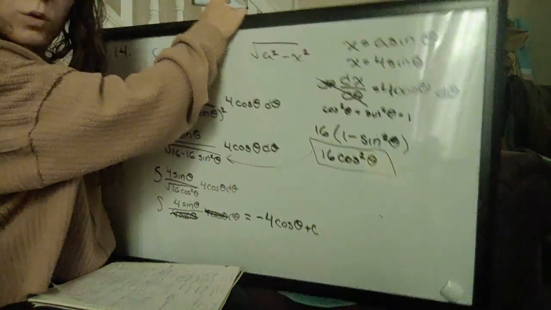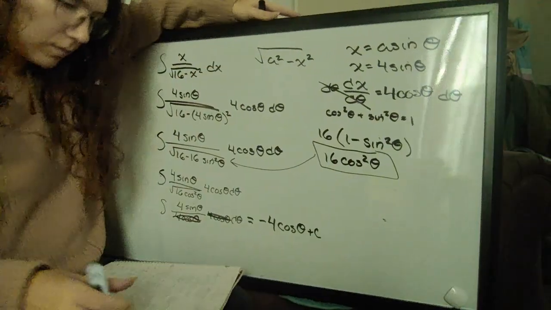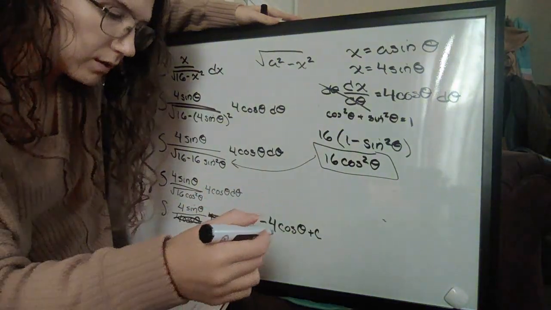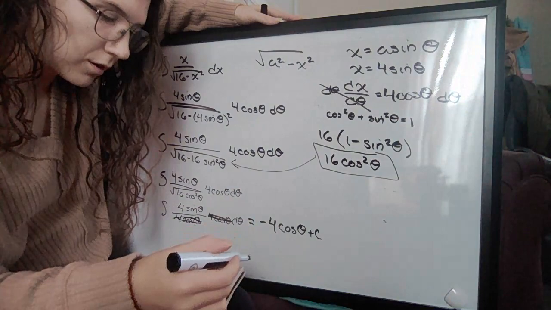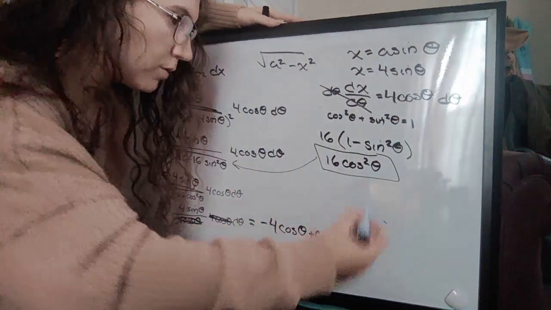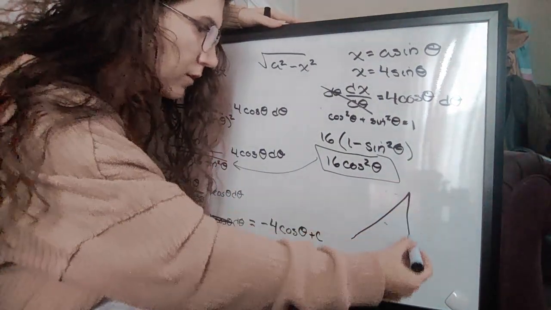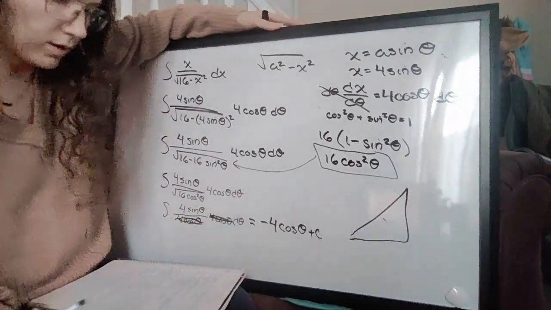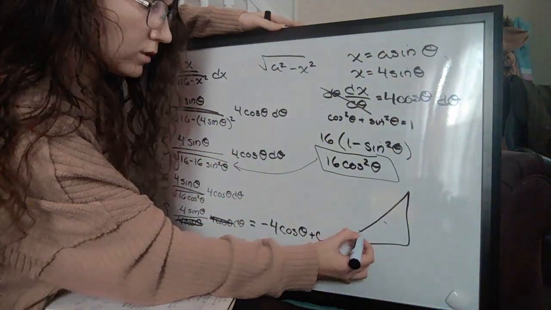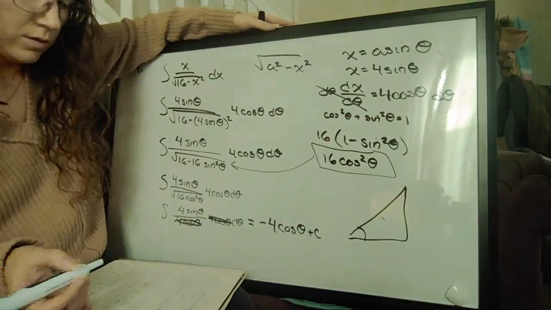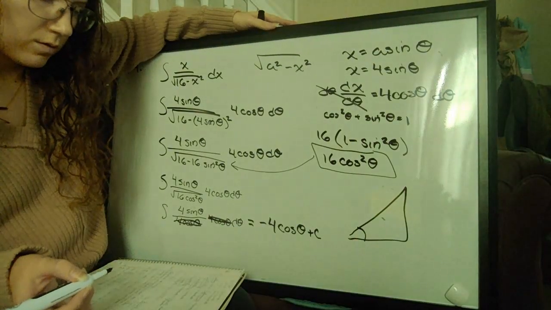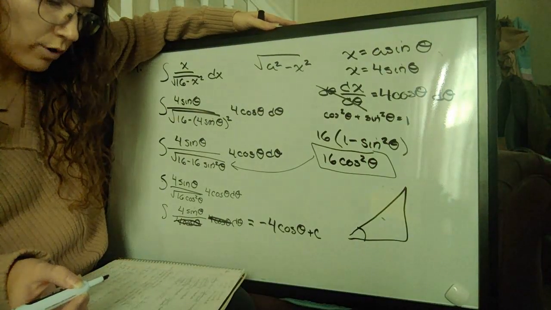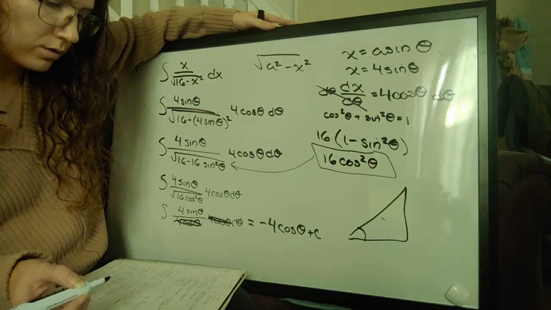I'll do this in this corner. We need to use our Pythagorean theorem here, so we have a triangle. I normally just do my angle in the lower right corner because that's just how my brain works.